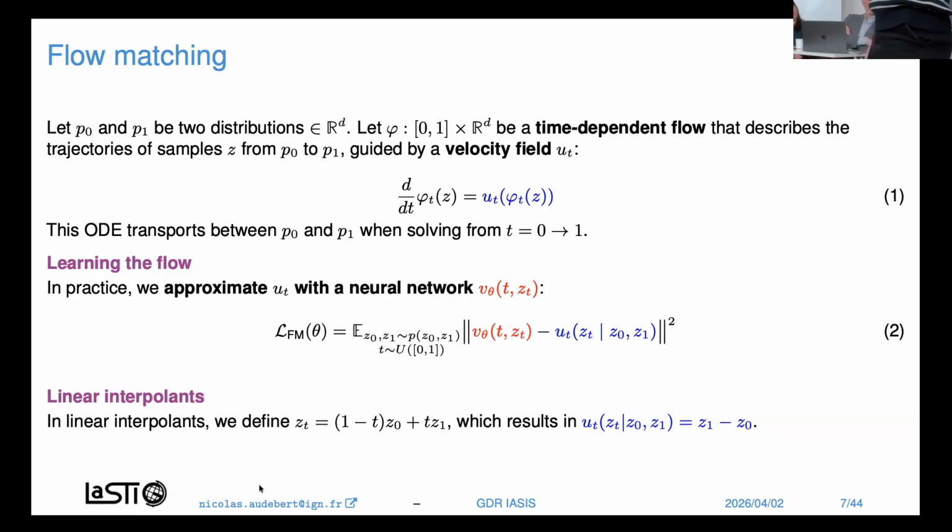And I'm going to say later how we choose the pairs z0 and z1, but just take it as we have 2 points, one in the source distribution, one in the target distribution, and we're linearly interpolating between the two. So the velocity is just the difference between z1 and z0. So it's a straight vector. And we are just training a model to say, okay, if I'm at this position in the field, and I'm at a specific time t, then the velocity that I need to predict is the difference z1 minus z0. So this gives a very simple regression objective to train a model.